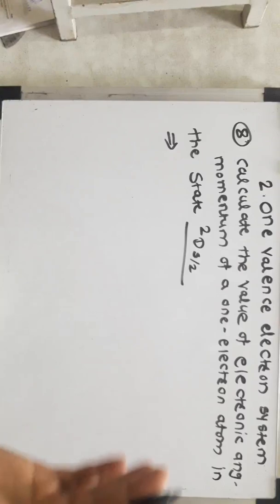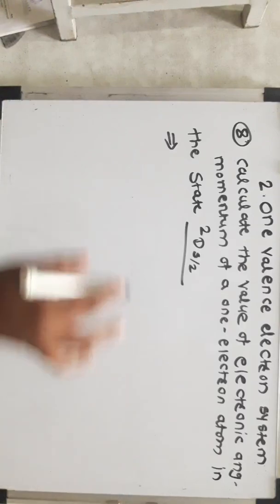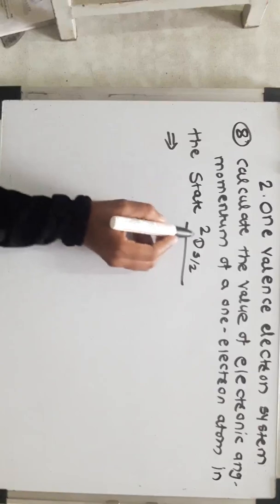In the last problem you had to find the orbital angular momentum. In the same way you have to find the electronic angular momentum for 2D 5/2.